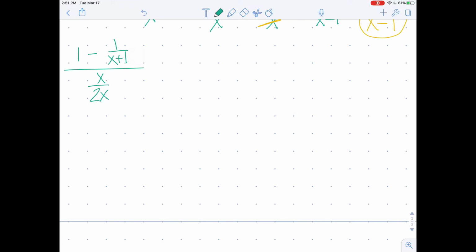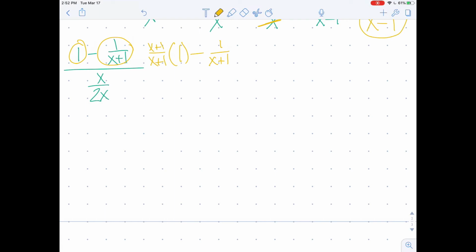So now, when we add and subtract fractions, think of it like your common denominator. We want this 1 to have the same denominator as this fraction. So if I have 1 minus 1 over x plus 1, if I was trying to add and subtract fractions, I would take this times x plus 1 over x plus 1 so that I get that same denominator. That's all we're doing.